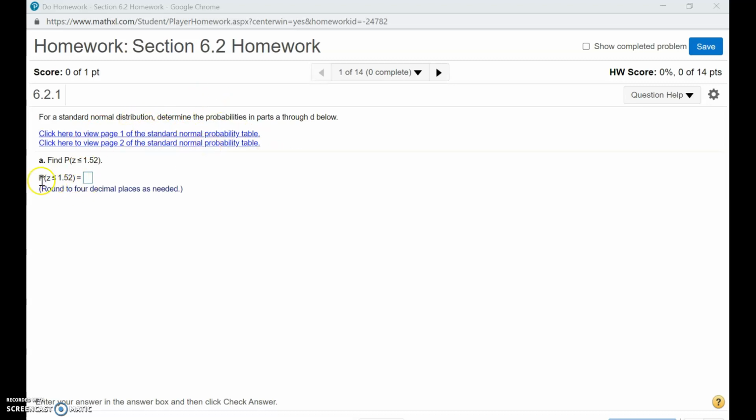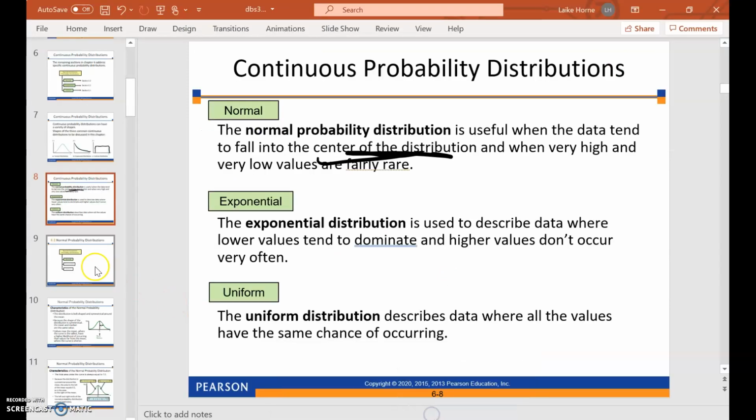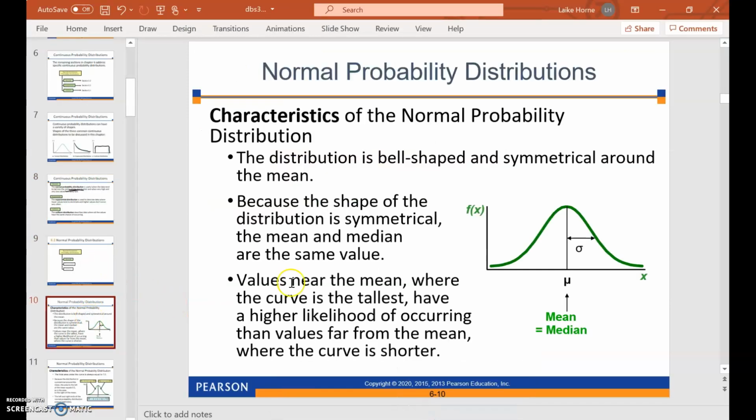So let's look for the probability that z. Okay, let's talk about z because we need to get a little bit more in depth before we start. So this is your normal distribution. The center of it is your mean and your median. When you have a normal distribution, your mean and your median are going to be equal. And this is a symmetrical shape. And the reason it's symmetrical is because the mean and the median are the same.